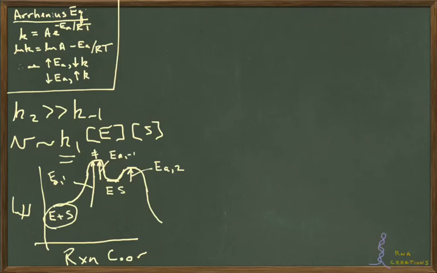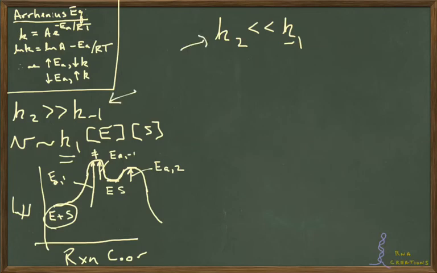All right, so in order to get comfortable with it, let's just do the other limit. And that's where k2 is small compared to k-1. So in other words, I'm switching from this one to this one.